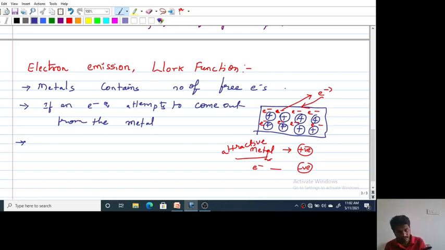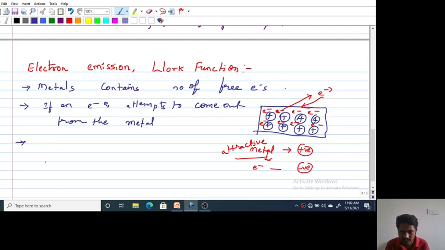We need to provide energy externally. Here I am going to discuss what the work function is, and then I'll come to electron emission.